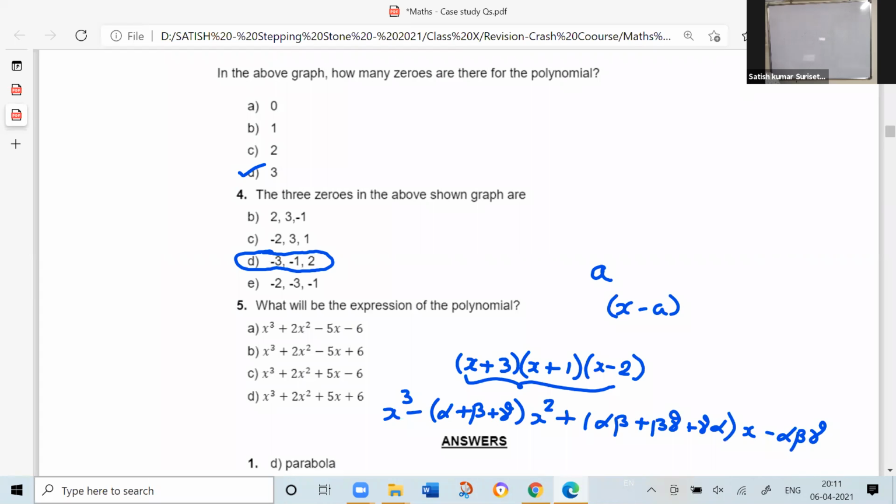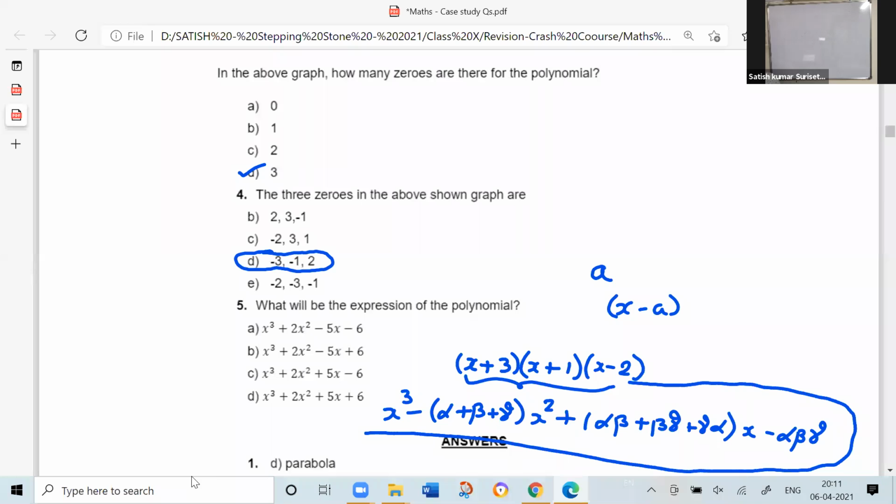This is the polynomial. So simplify and tell me your answer. Or else you can verify directly if you have remembered this formula. So what is your answer? Option A. Correct. Very good.